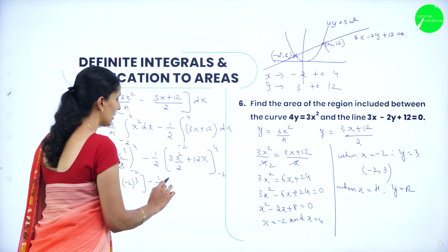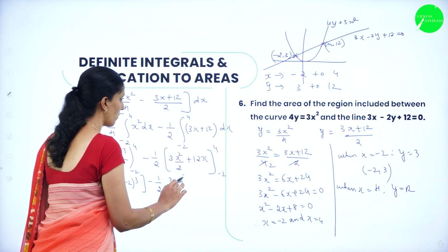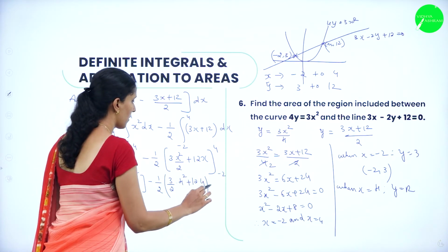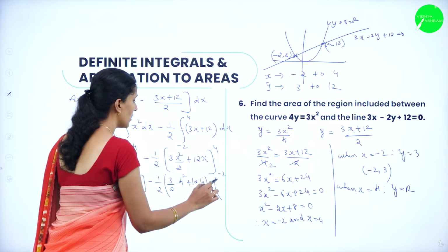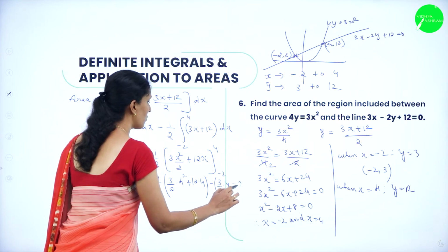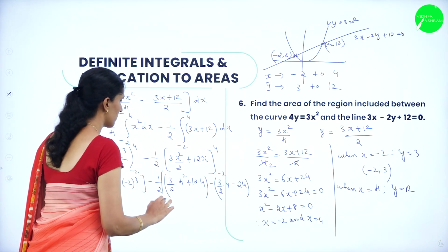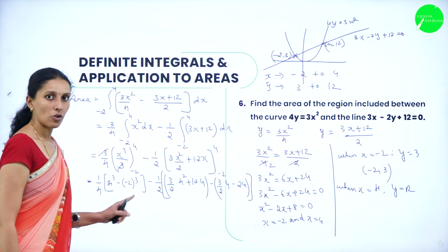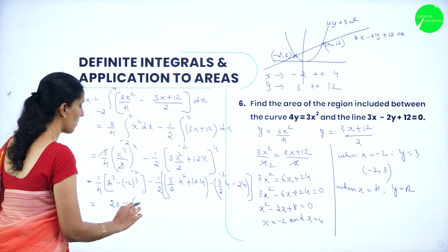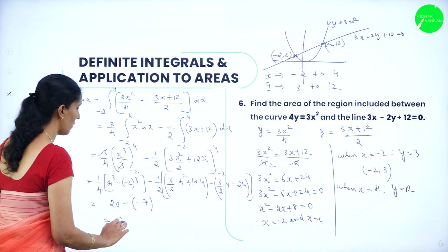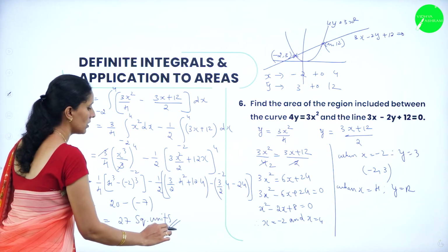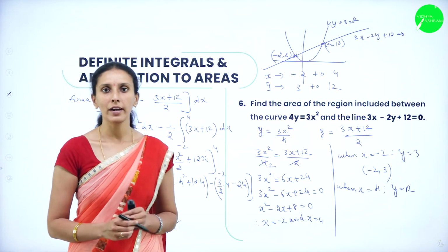We can take 3 by 2 into 4 square plus 12 into 4 minus, if you put minus 2 whole square here, 3 by 2 into 4 minus 24. So on solving this, we will get this as 20 and this as minus of minus 7. So total we will get it as 27 square units.